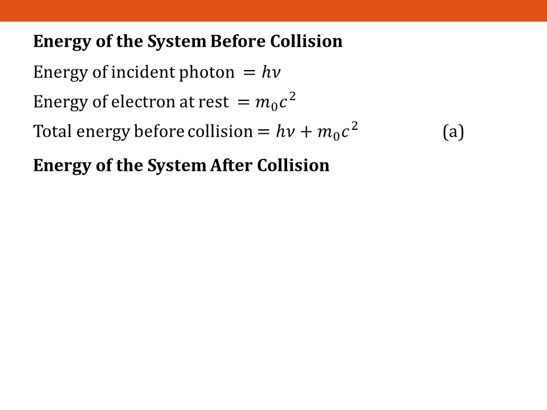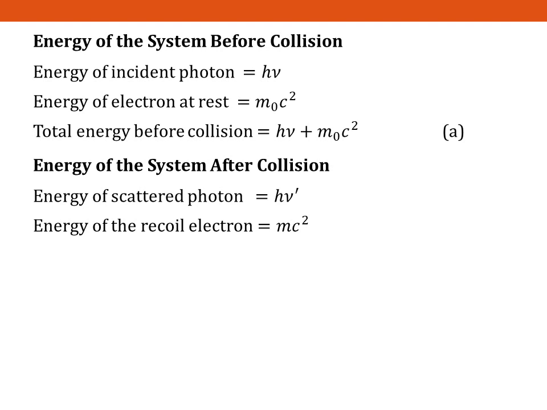Now, for the energy of the system after collision. Here, the particles involved are the scattered photon and the recoiled electron. The energy of the scattered photon is given by h nu prime. The energy of the recoiled electron is mc square, and therefore, the total energy after collision is h nu prime plus mc square.